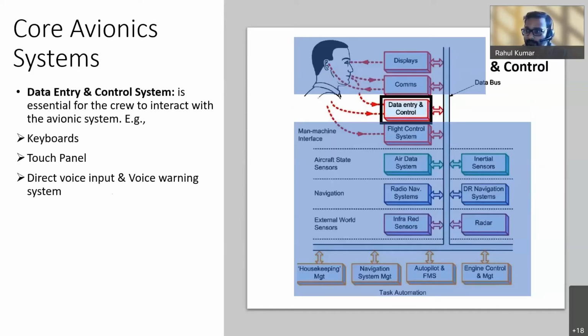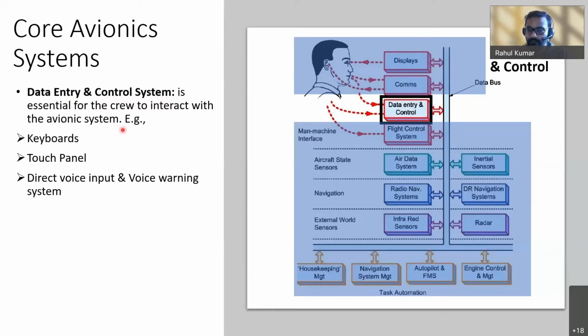The next type of avionics system is your data entry and control system. Obviously, to feed in the data, you would need some keypad, some touch panel. The data entry and control system is essential for the crew to interact with the avionics system.